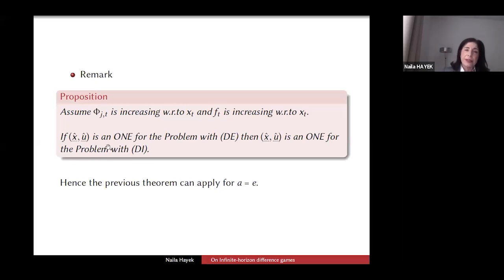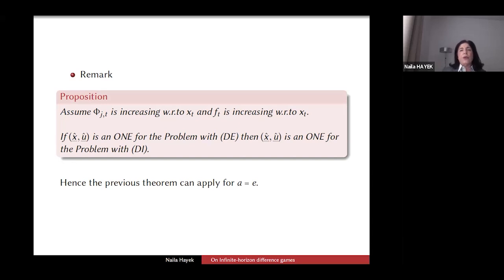Therefore, having this result, you can see that I can write the previous theorem with a difference equation, at least for the problems when x hat u hat is an overtaking Nash equilibrium. Of course, also for the problem where it is a Nash equilibrium, because if it's a Nash equilibrium, then it's an overtaking Nash equilibrium.